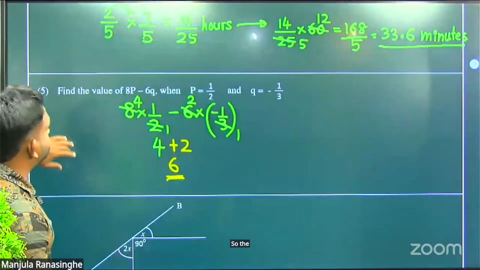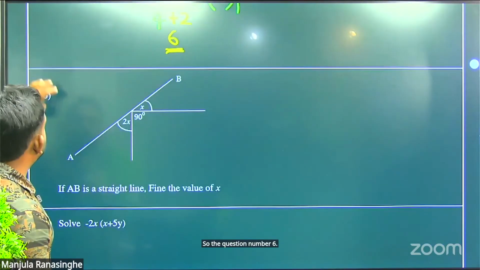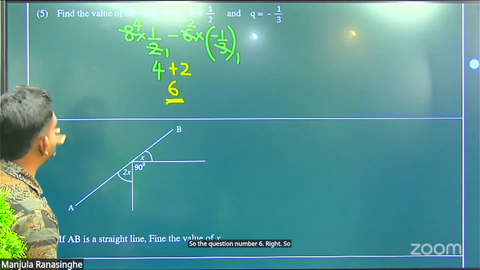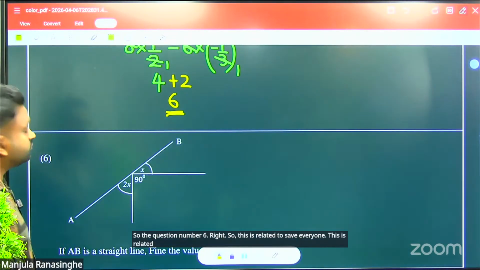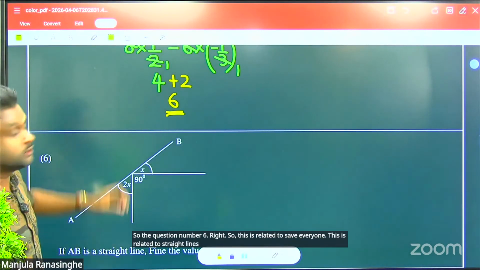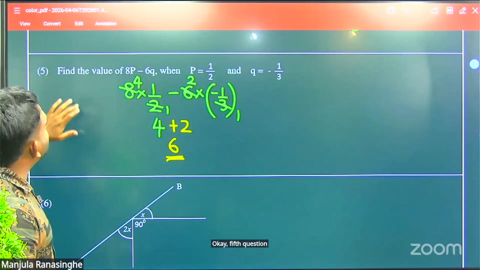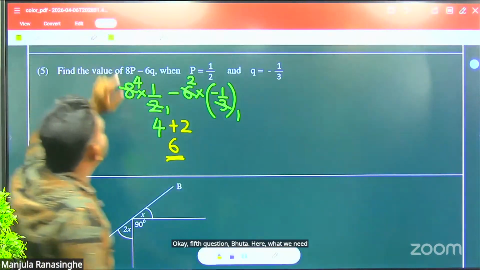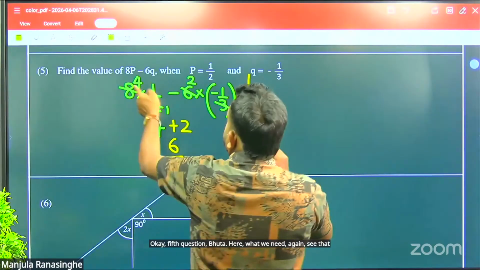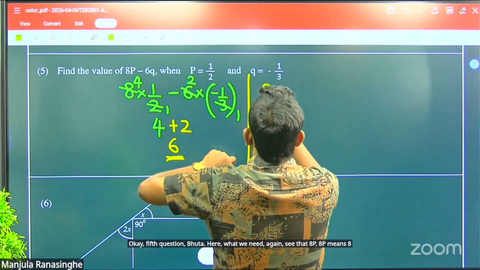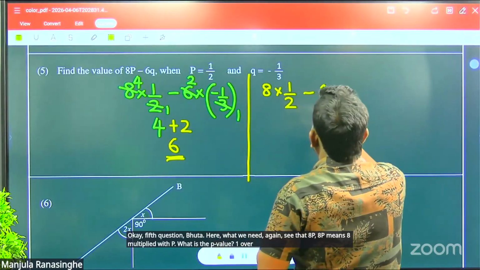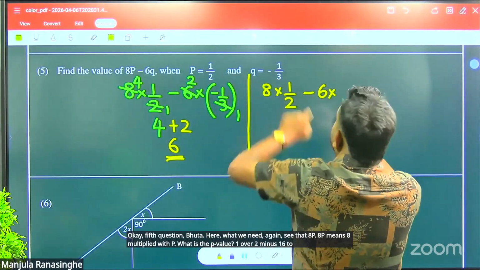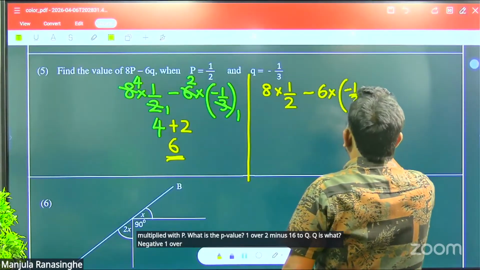So the question number 6 is related to straight lines and angles. First, the fifth question: 8p means 8 multiplied with p. What is the p value? 1 over 2, minus 6 into q. Q is negative 1 over 3.